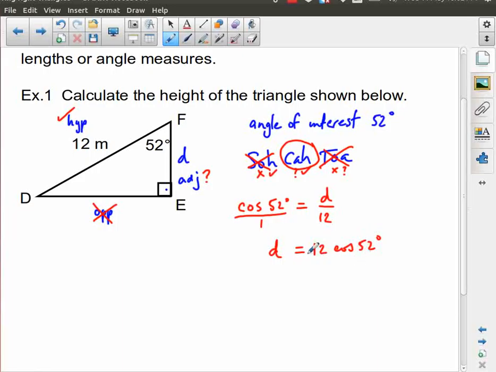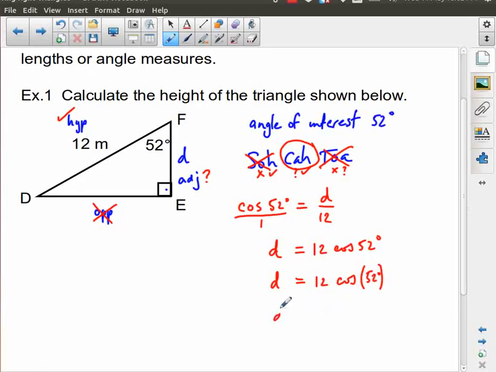Now, a couple of ways that you could write this. Some people don't like the cosine of 52 degrees because they think, well, I don't know that this is going to help, but this is not a multiplication. We are not multiplying the cos times 52 degrees. It's the cosine of 52 degrees. This 52 degrees is what we're operating on using cosine.